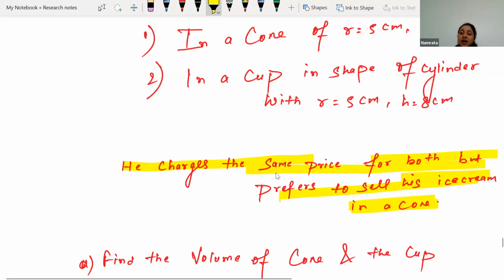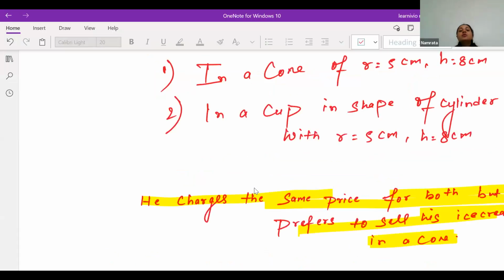You have seen that we fill the cone 3 times to fill the cylinder, so the softy cone will contain less ice cream. Obviously the shopkeeper prefers the cone because he wants to sell less for the same price, right? Are you getting it? Yes, ma'am.